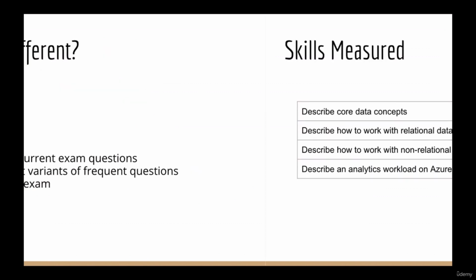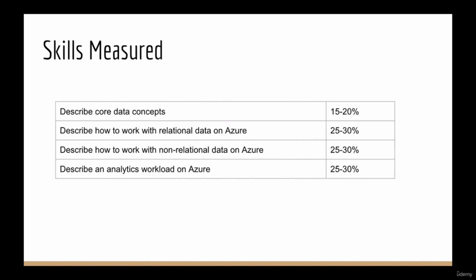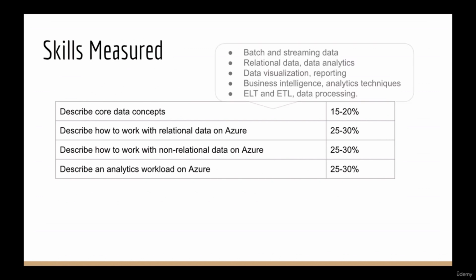So what are the skills that are measured in the Microsoft DP-900 Azure Data Fundamentals? That is, what is this exam really assessing? The first skill is describing types of core data workloads, which covers 15 to 20% of the exam. It includes describing batch and streaming data and the difference between them, the characteristics of relational data, and data analytics core concepts, and it also describes data visualization, reporting, and business intelligence, as well as basic chart types such as bar charts and pie charts.